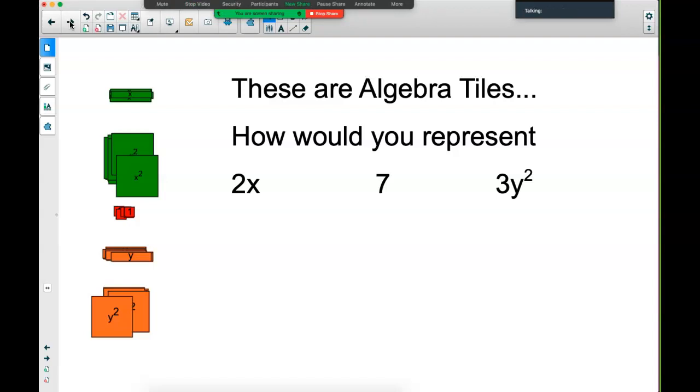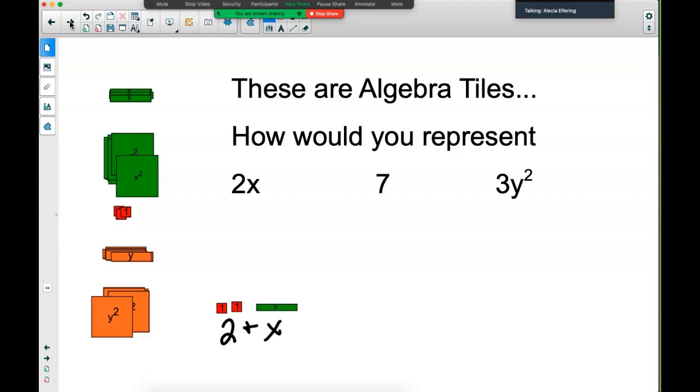Okay? So Brinley's thought is to maybe do this. 2 of the ones and an x. What do you guys think? That may be what you were thinking, and I see a lot of people nodding their heads. I tell you that's not quite right. So let me tell you what this means. This means 2 plus x.